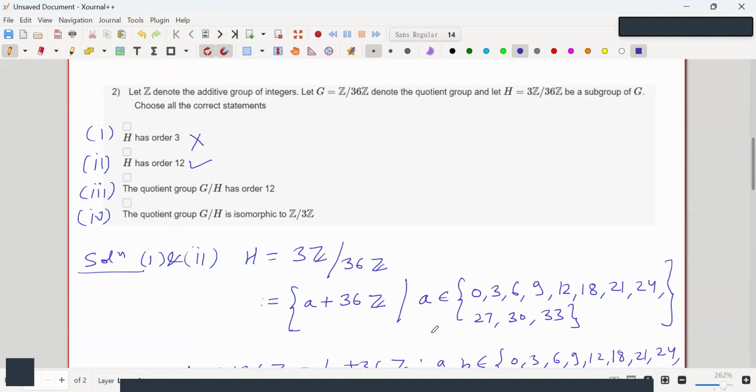Sir, yes, I could also consider Z mod 3Z and Z mod 36Z and then take the quotient of them both, right? Then also I would get the same. But then you need to show that Z mod 36Z modulo Z mod 3Z is isomorphic to H. Are you getting my point?